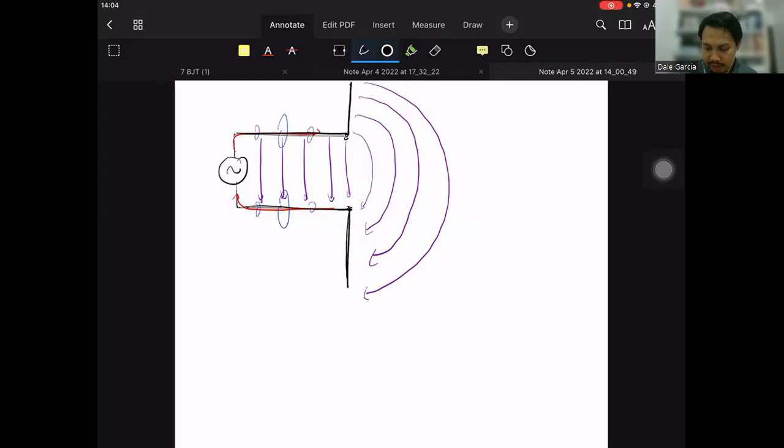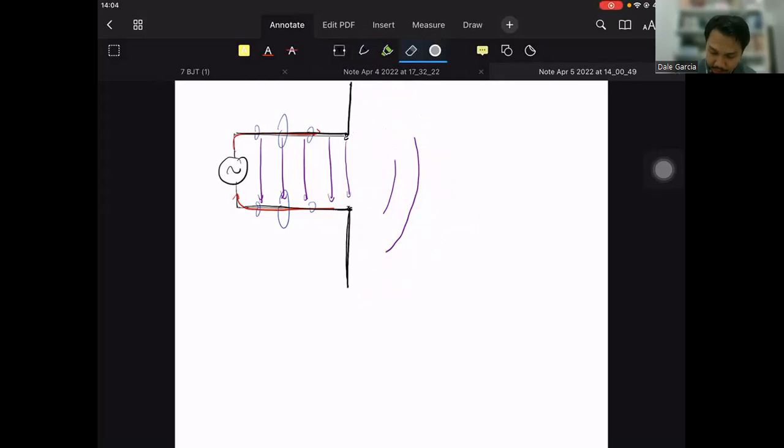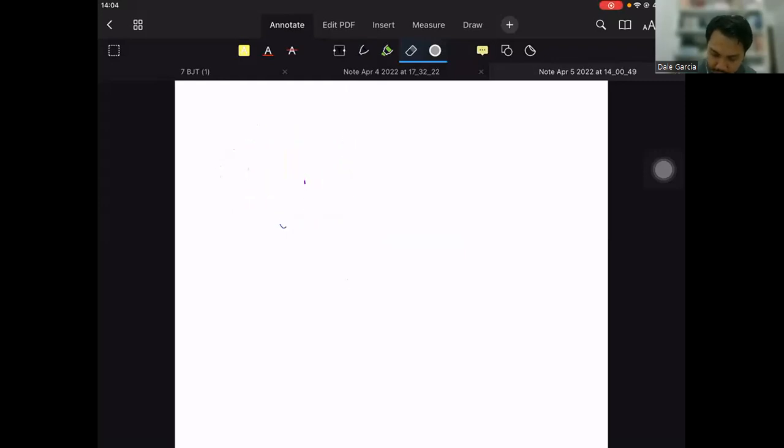Pero siguro dili pa ni siya mao gyud ang final nga mahitabo. Depende pa dayon if tinuod gyud nga mo propagate siya, no? So man ang mga factors. Ako ini i-withdraw as if negligible ang distance between sa duha ka transmission line, no?